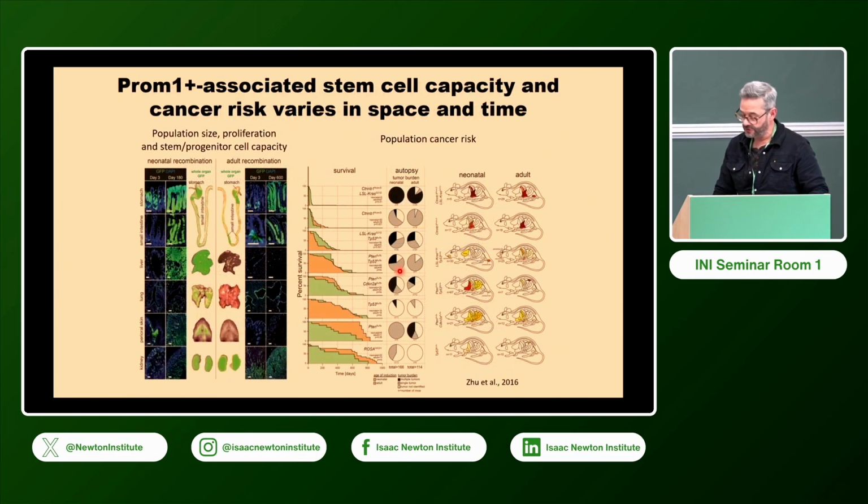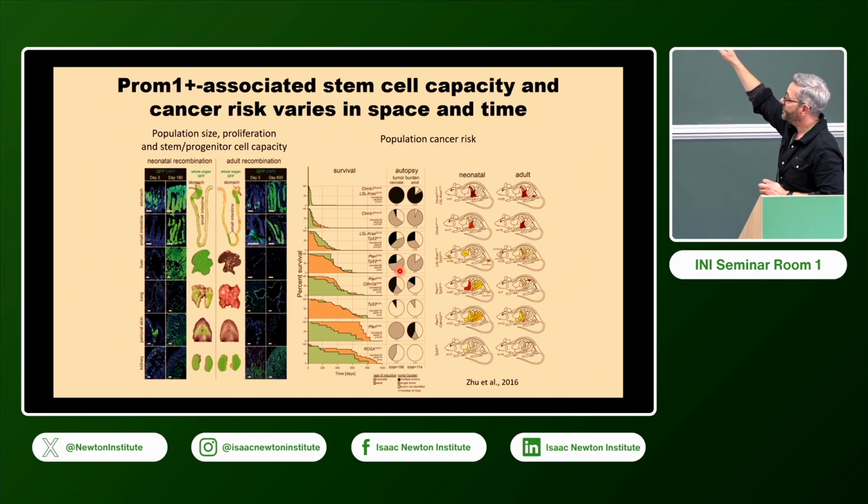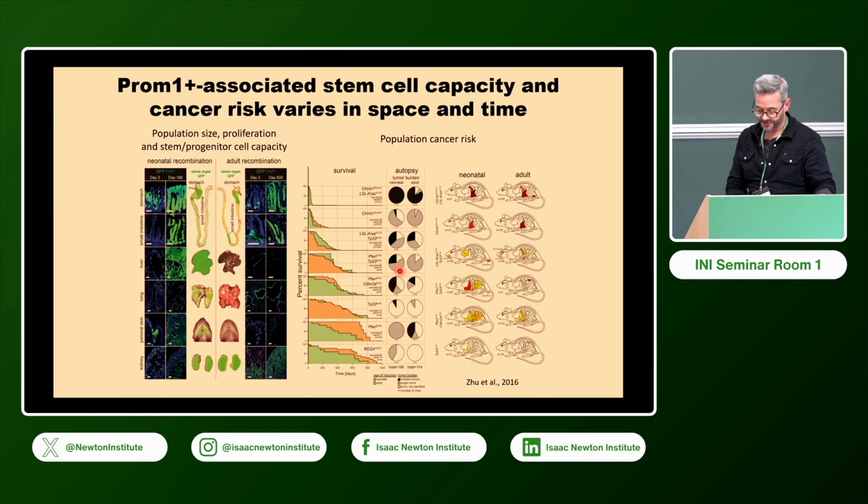And what that allowed us to do was to look at one side, what is the normal fate of those cells throughout life in a neonate or an adult, and then what is the fate of those cells if you give them a mutation. So you could age mice looking at their cancer risk, and you could age mice looking at their normal stem cell function.